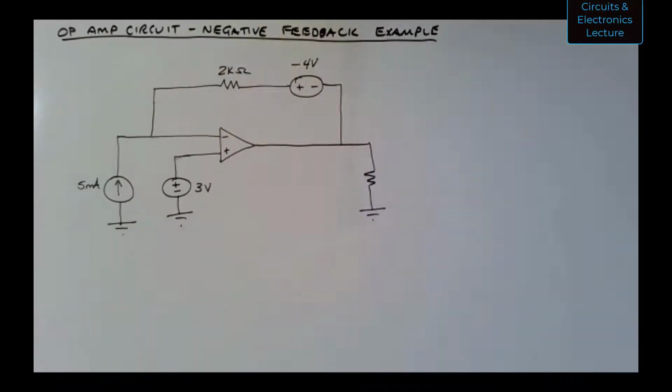So I'm throwing everything into this problem right here, trying to put a current source, a voltage source, a couple voltage sources.